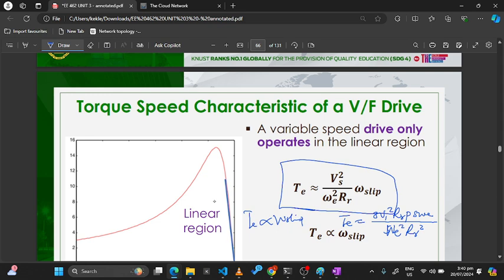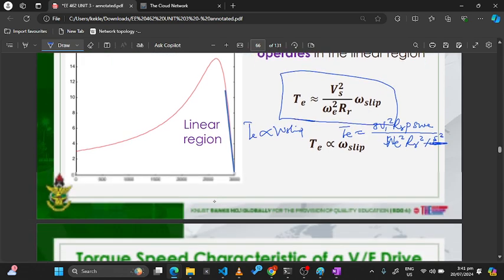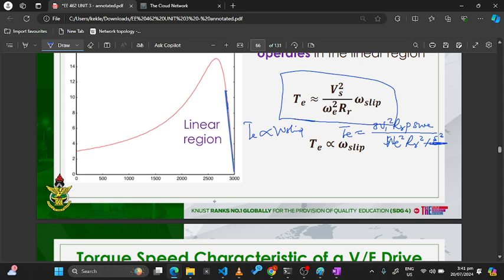So this formula is for when our slip is very small, because actually there was supposed to be a plus something here. But the expression has S squared in it, and we said that at this point the slip is very small, because this is increasing slip, this is increasing speed.